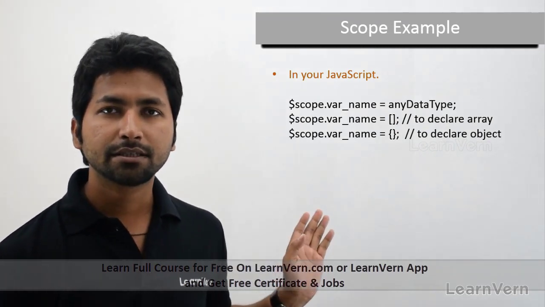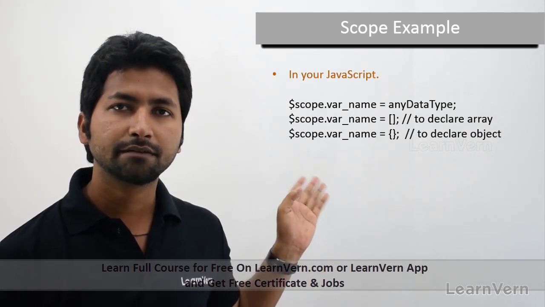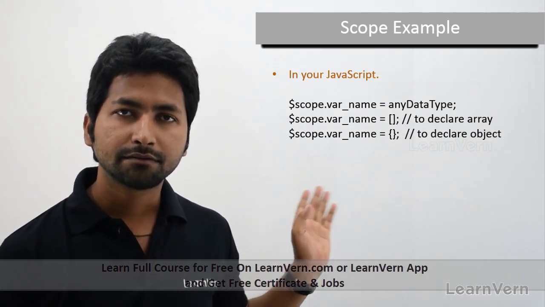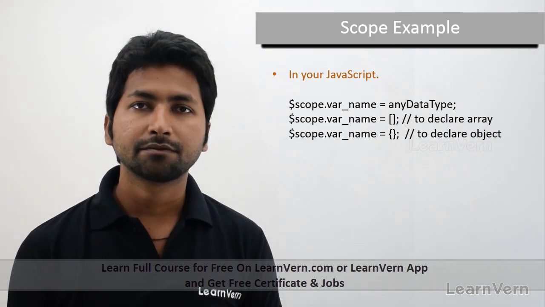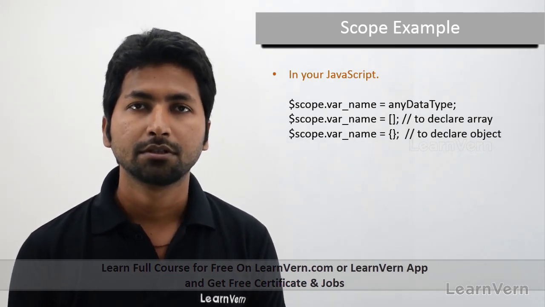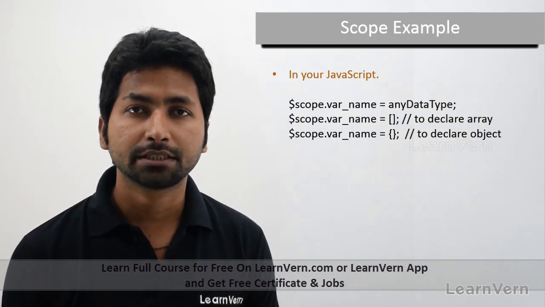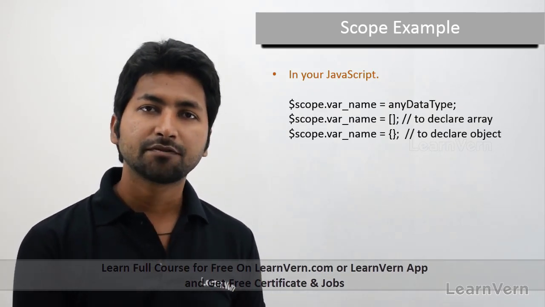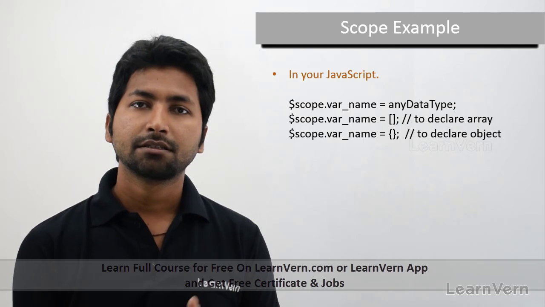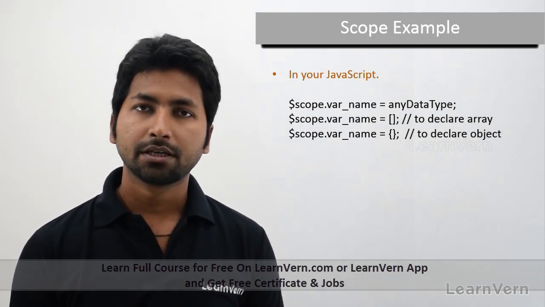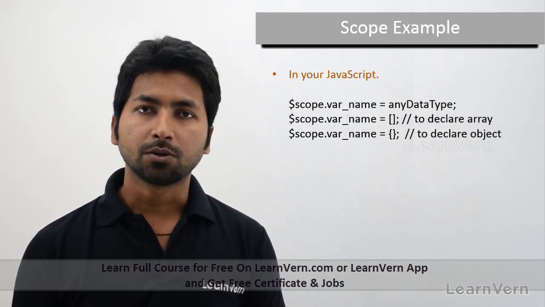Like this, here you can see how I am defining the variables and the functions, and what are the variables which you can define using scope. There are so many variables you can define, like string, object, and array. So these types of variables are defined by using scope. Okay, so this is all about scope.